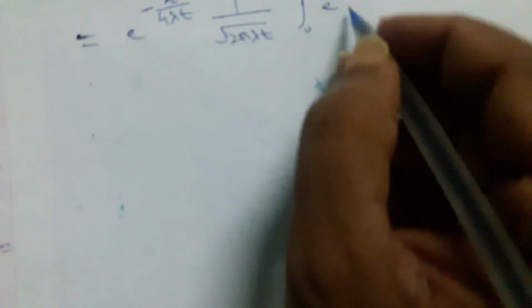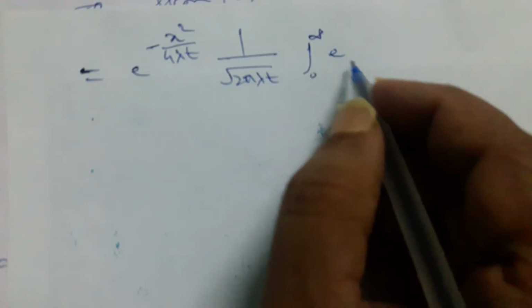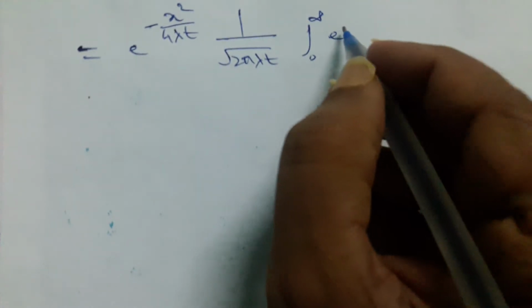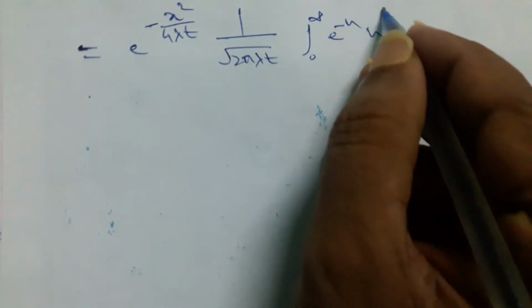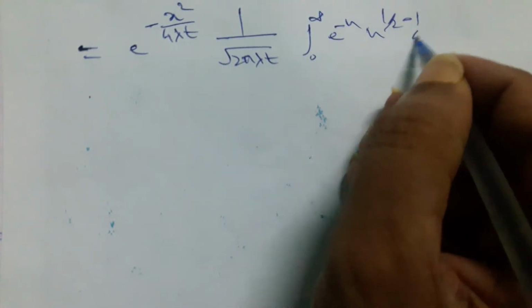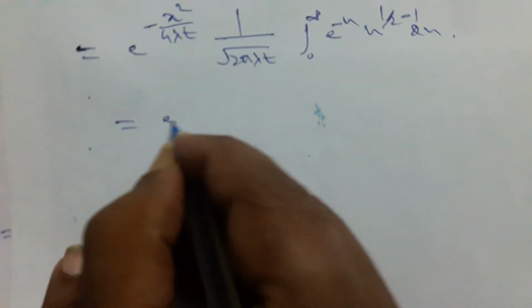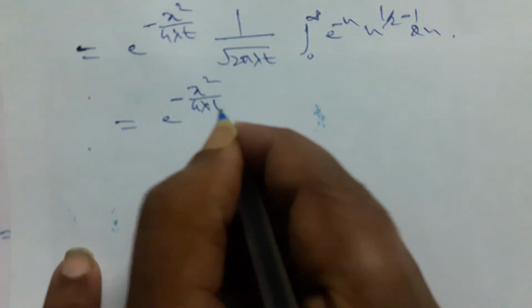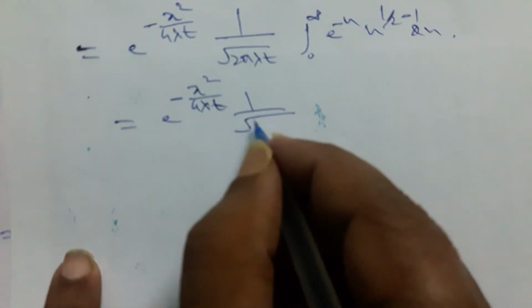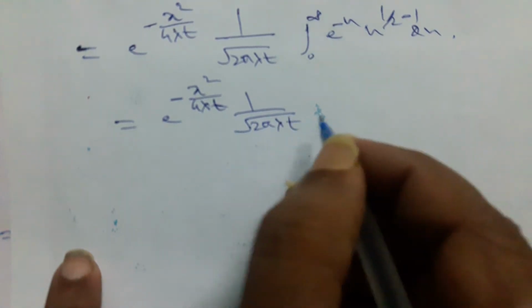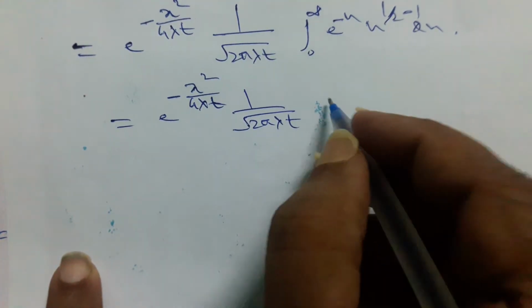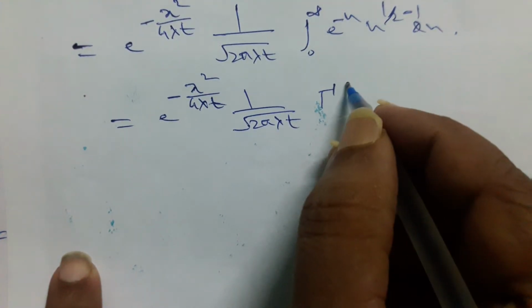We rewrite this expression as u to the power half minus 1, e to the power minus u du, and that is the property of the gamma function, an improper integral, giving gamma half.